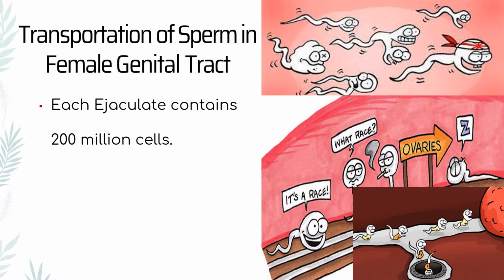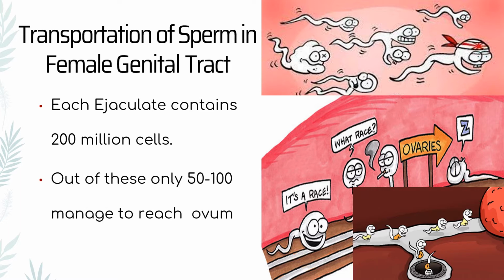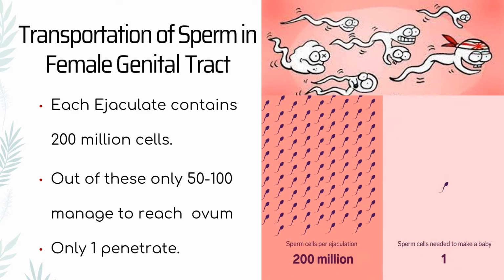This is because there are several factors that affect the transportation and the accessibility of the sperm to the ovum. You can see that when 200 million try, only one is finally able to reach the ovum.